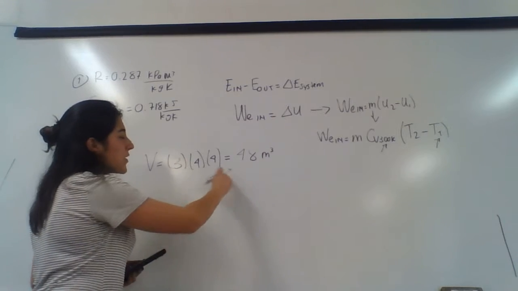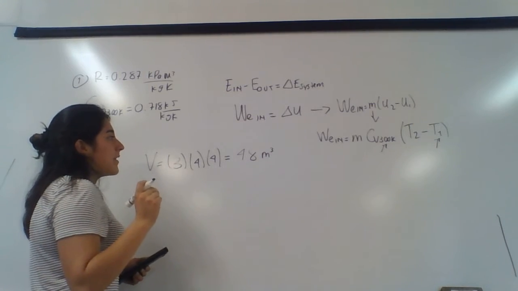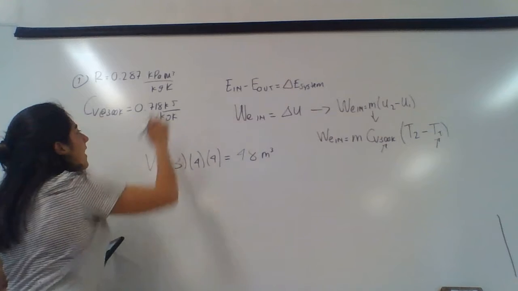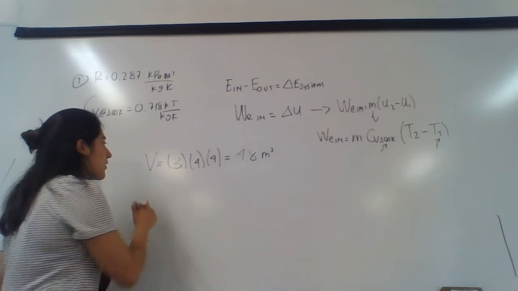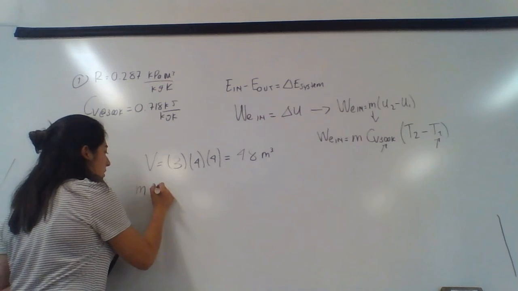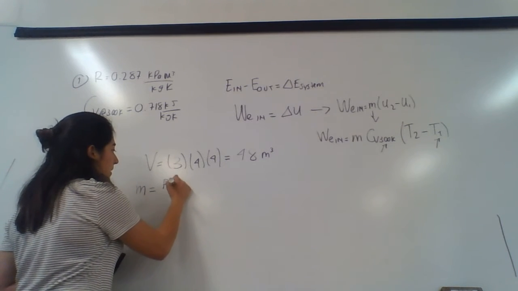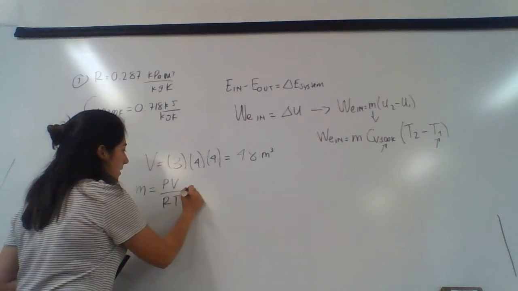And we have the volume, the pressure, the constant R, and the temperature, so with the ideal gas equation, we can calculate the mass. M equals PV over RT.